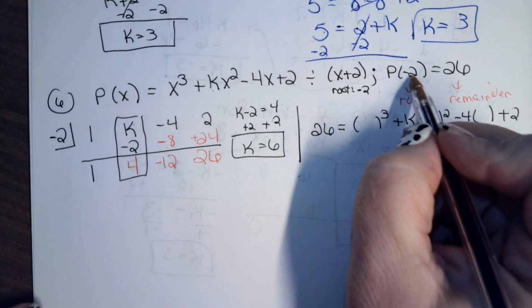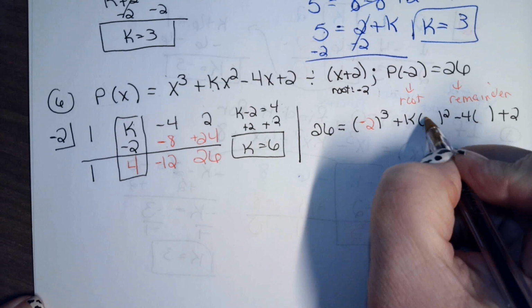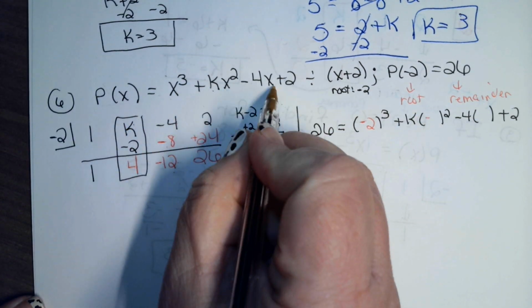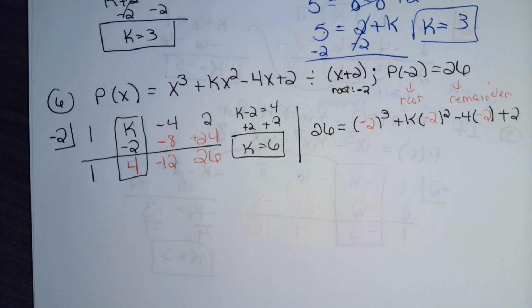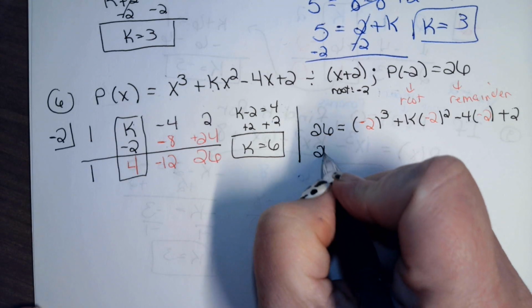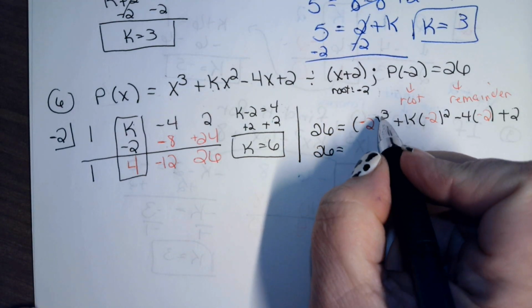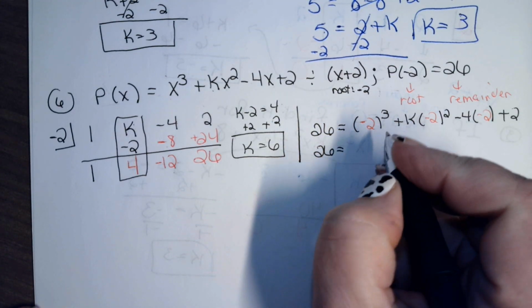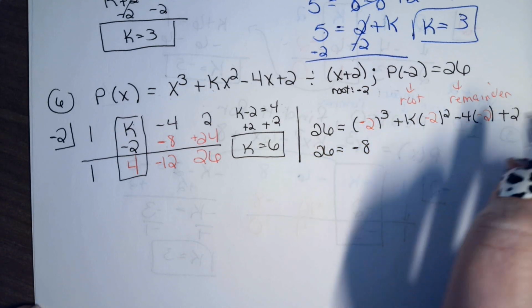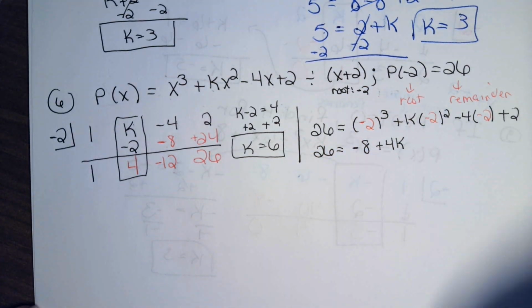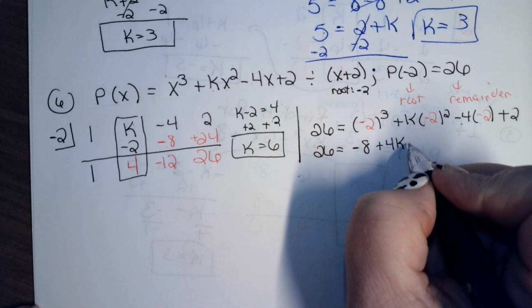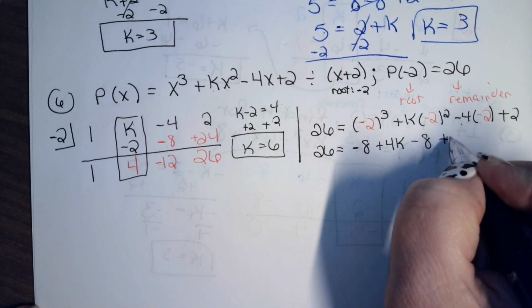We know our root is negative 2, so wherever there was an x, we replace it with negative 2. Negative 2 cubed is negative 8. Negative 2 squared is 4, so we get plus 4k. Negative 4 times negative 2 is negative 8. Then bring down the plus 2.